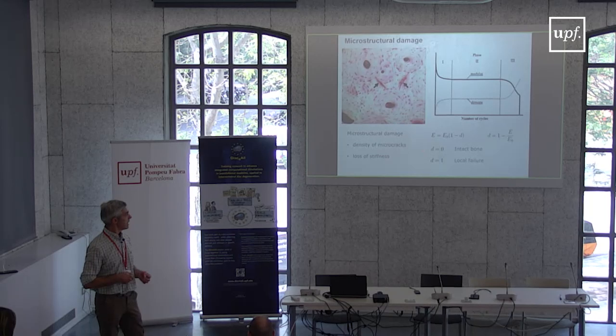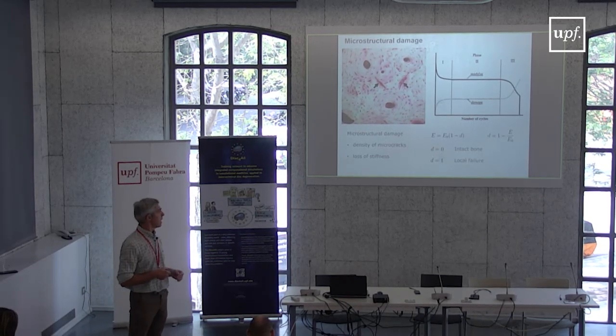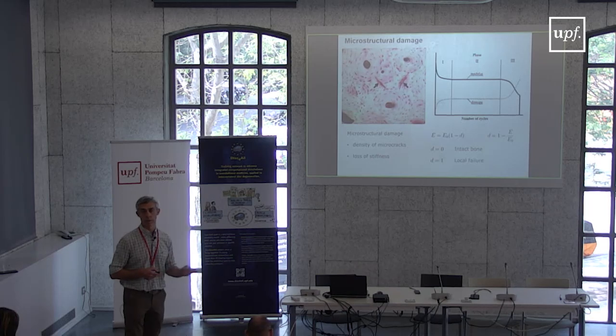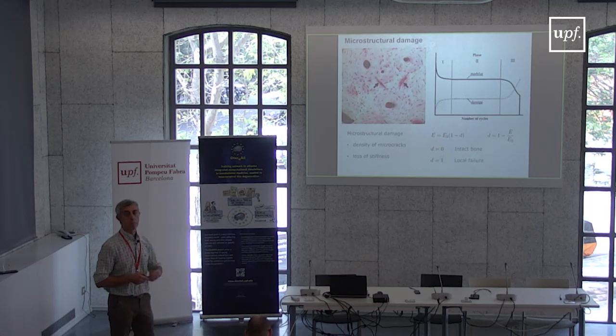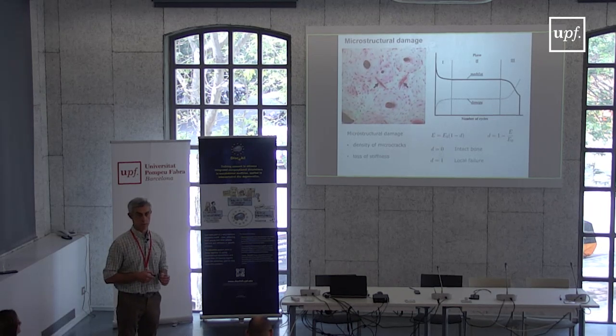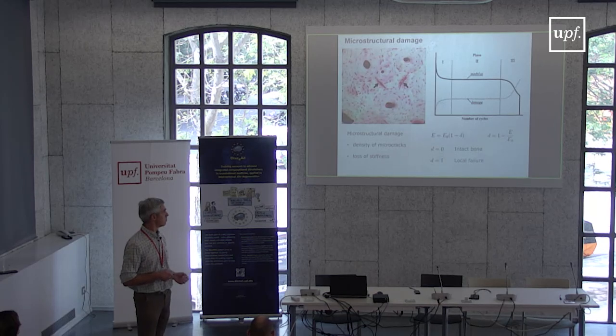For example, if D equals 0, it means you have an intact bone and your Young's modulus is equal to the intact Young's modulus. But if you have damage equal to 1, it means that you have broken that bone site and you have no stiffness at that particular point.